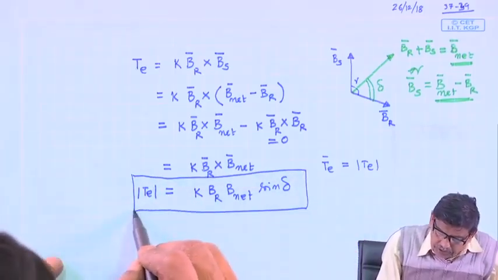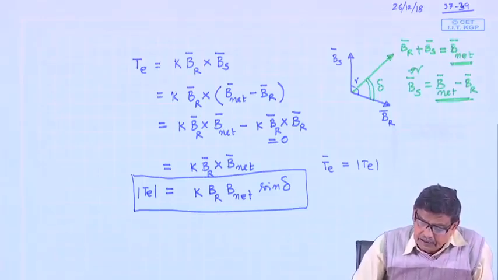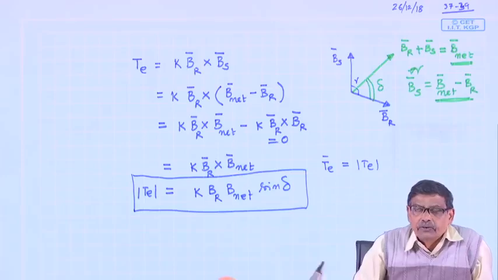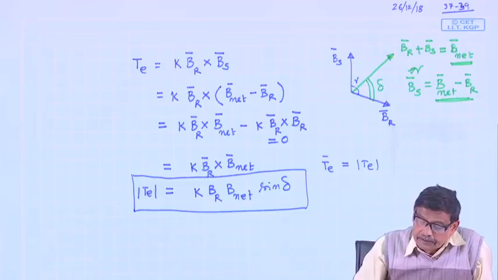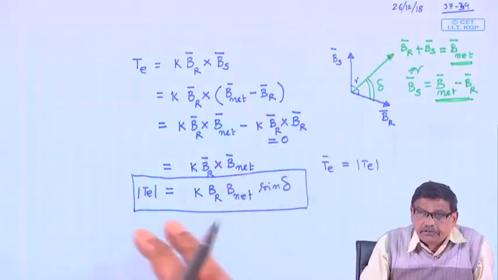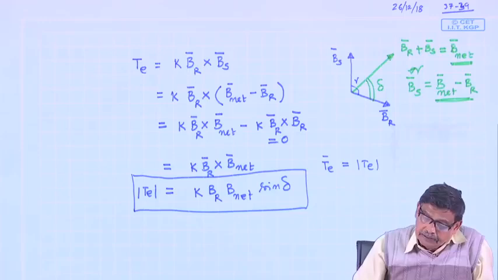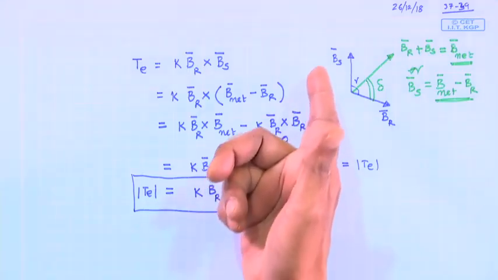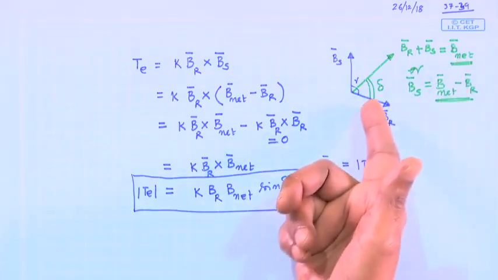So, henceforth what we will do is this: in any machine where there is a rotor and a stator, both of them carrying current, you identify where is your rotor field and where is your stator field at a given point of time, and then at that time you find the resultant of these two, that is B net.